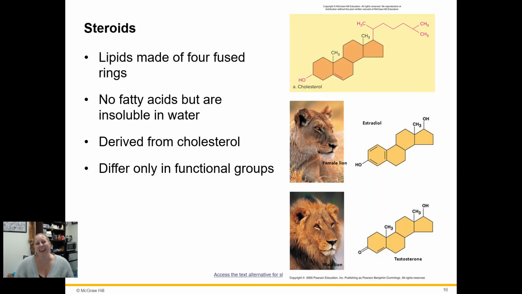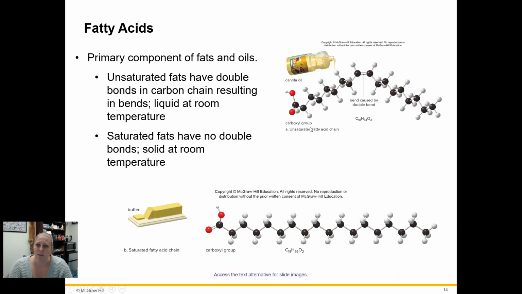As such, they cannot dissolve in water. Because again, my blood is mostly water. That means that they won't get to where they need to be, and so they won't have the functionality that they need to have. But steroids are very, very different in their structure from our phospholipids or our fatty acids.